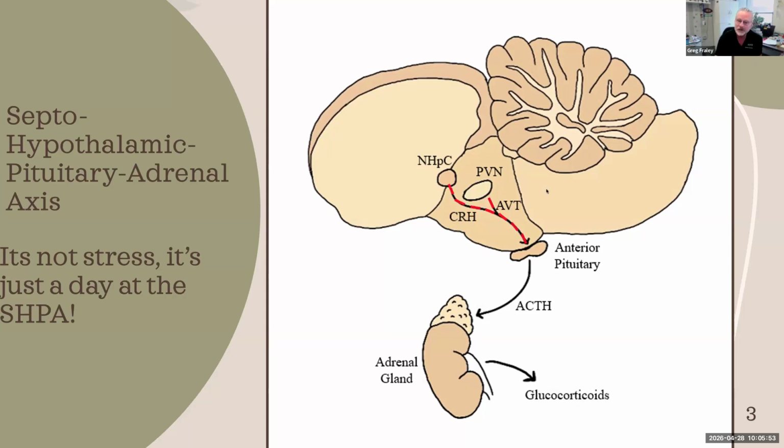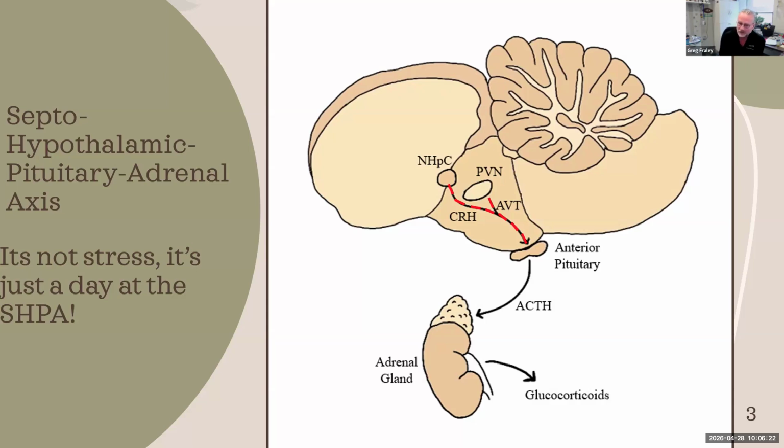In birds, there is also the paraventricular nucleus of the hypothalamus, but there's also another area in the septum of the brain called the nucleus of the hippocampal commissure. These release neurohormones on the anterior pituitary: CRH, corticotropin releasing hormone, primarily from the nucleus of the hippocampal commissure, and another one, arginine-vasotocin, from the paraventricular nucleus.